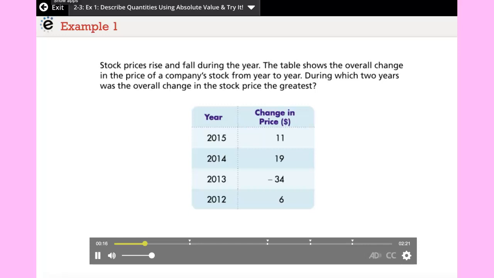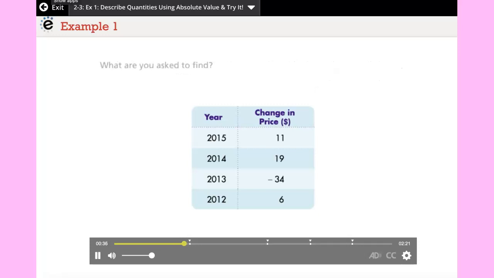Stock prices rise and fall during the year. The table shows the overall change in the price of a company's stock from year to year. During which 2 years was the overall change in the stock price the greatest? It makes sense that positive values show increases and negative values show decreases. What are you asked to find?